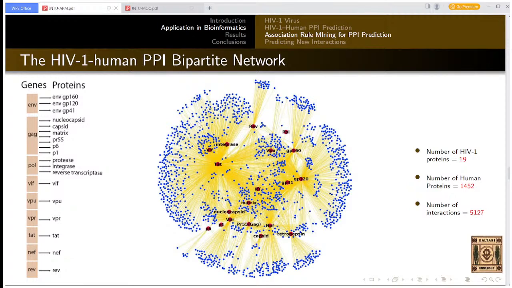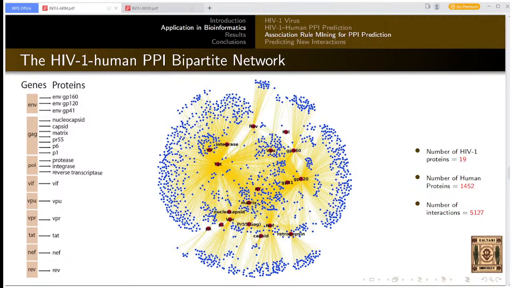There were 19 HIV proteins and around 1,500 human proteins, with a total of 5,000 interactions between them. So this bipartite graph had these 5,000 edges. This experimentally validated data we used for the prediction purpose.